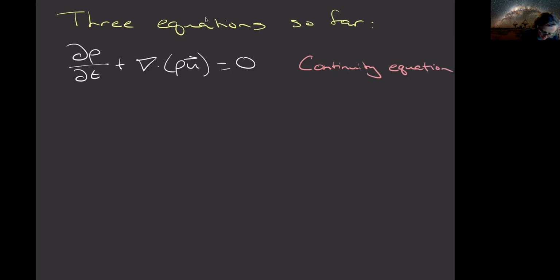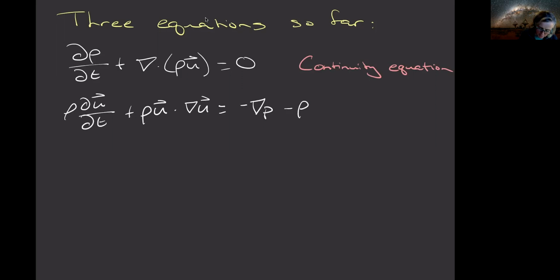We have the equation that we developed from the conservation of momentum, that rho partial du dt, the partial derivative of the velocity field, plus rho u dot grad u is equal to minus grad p minus rho grad psi.